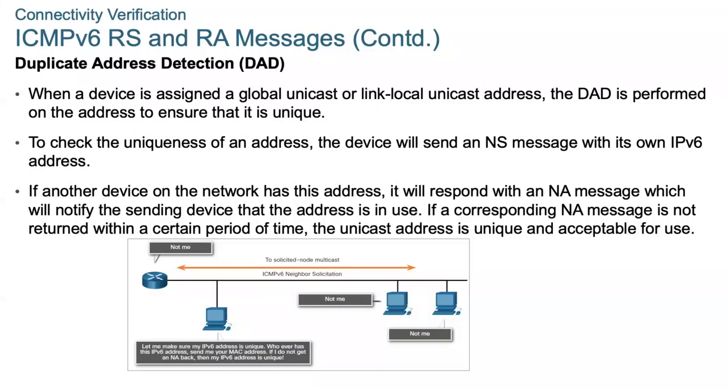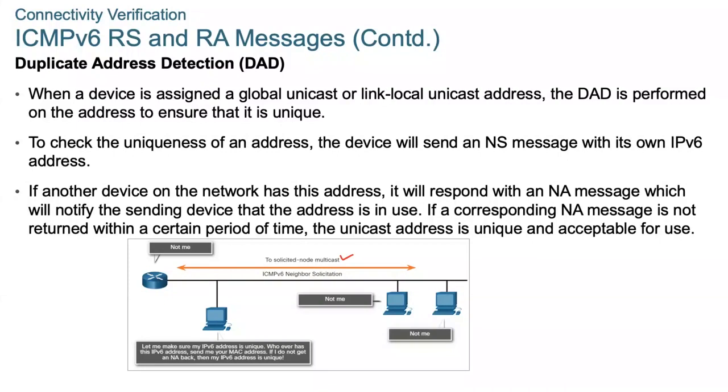When it is initiated to check the uniqueness of the address, the device will simply send the neighbor solicitation message in this network. So upon this message being received by the hosts in this network, they can respond whether that message belongs to them or not.